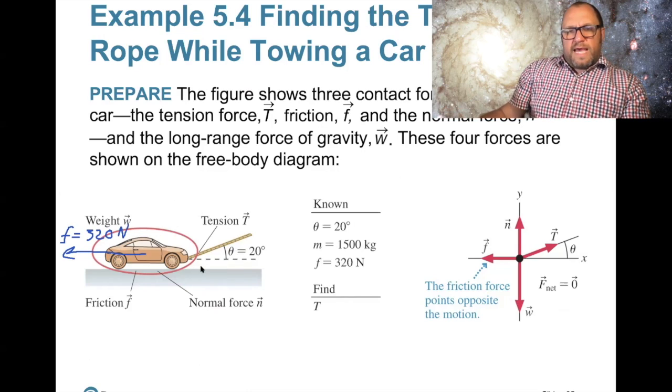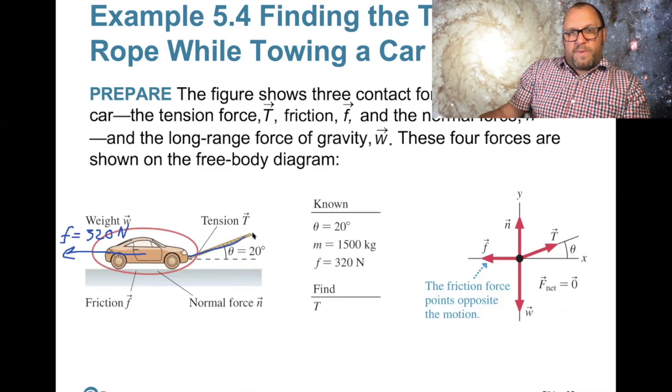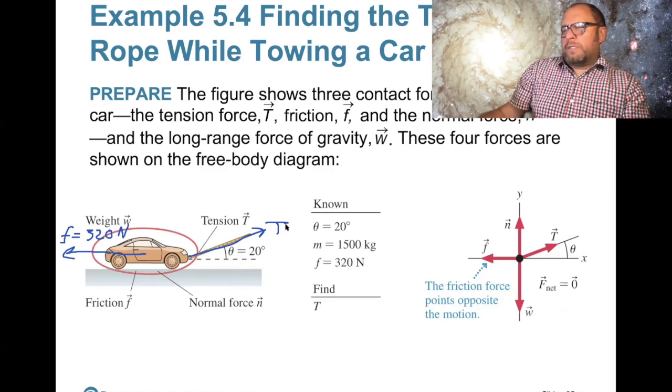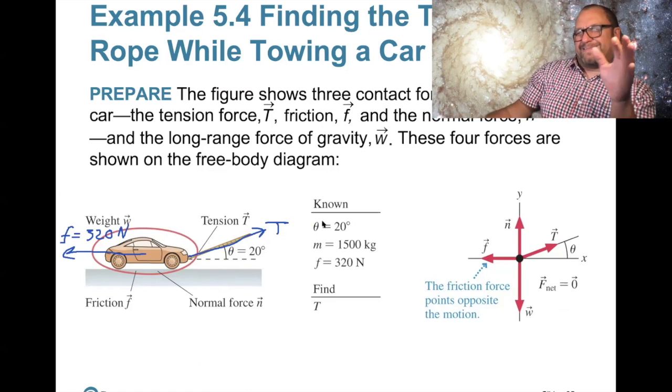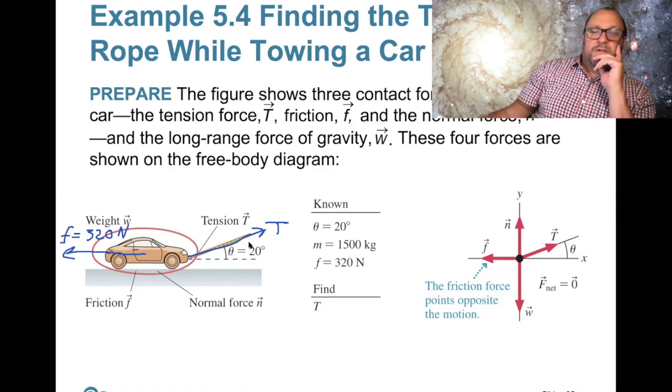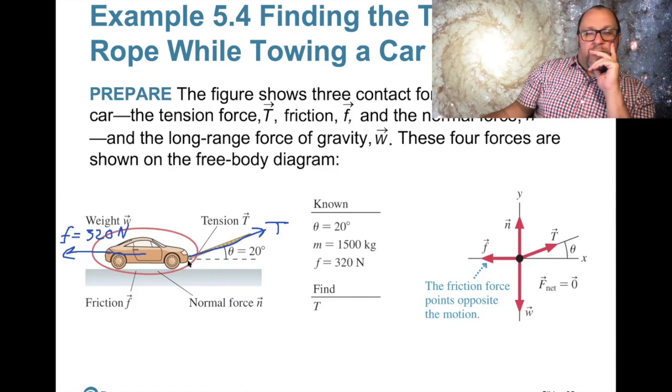That has to equal the force due to tension going the other way. And look at this, we've got a triangle. Triangles are the best. Tension is running high. No, it's not. It's 20 degrees. That was funny.